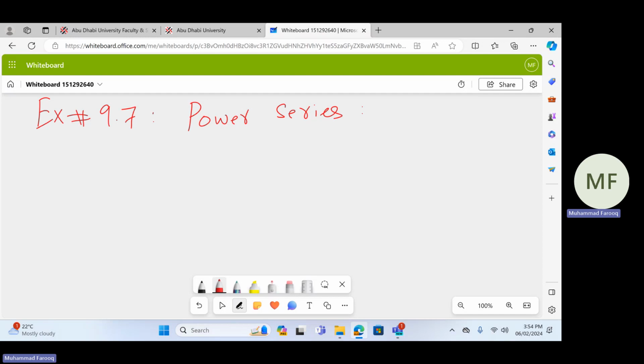Actually, before this section, in our calculation, we have the variable n. Power series has this format.